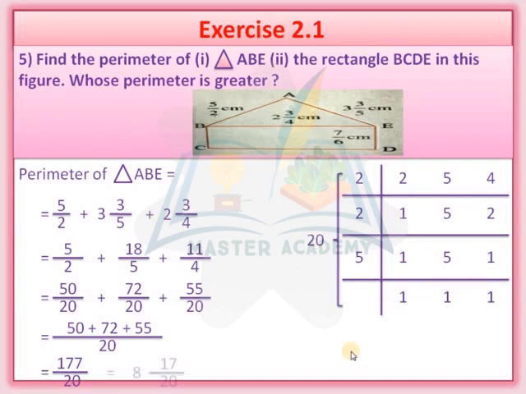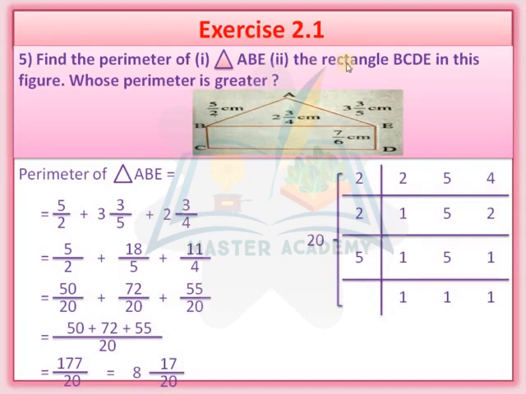Okay, so if you divide 177 by 20, beta please you will do it by yourself, because we don't have more time to show you how to divide by 20. Okay, I have shown many examples, so you will get the answer, beta, 8 integer 17 upon 20. Okay, so this is the first part we have done completely.